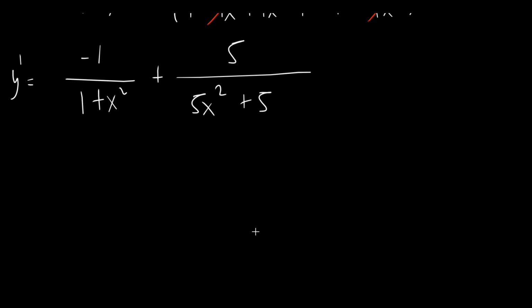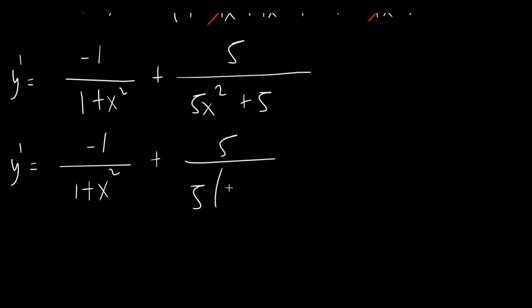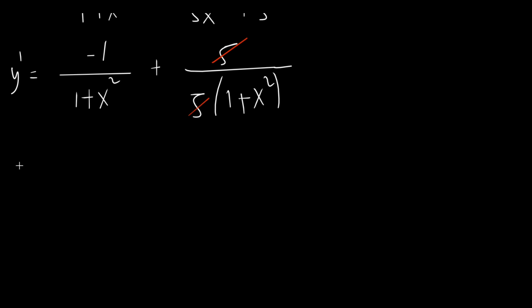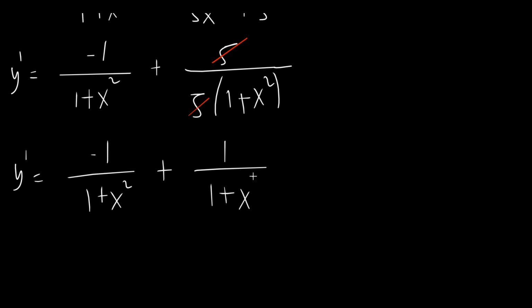So we have y prime equals negative 1 all over 1 plus x squared, plus 5 all over 5 times 1 plus x squared. We'll cancel 5. So the remaining will be y prime equals negative 1 all over 1 plus x squared plus 1 all over 1 plus x squared.